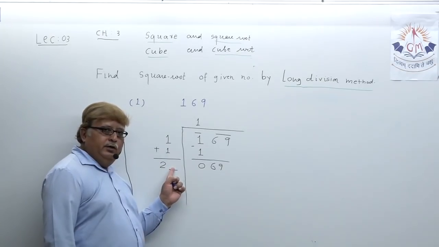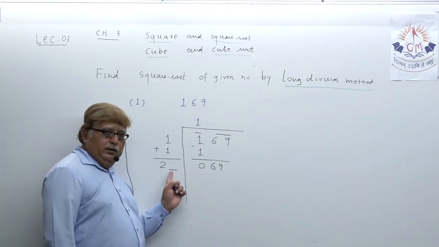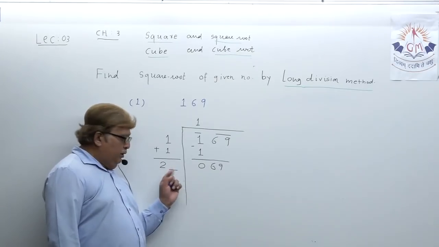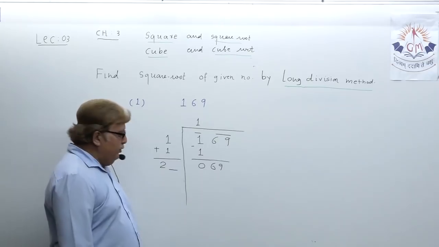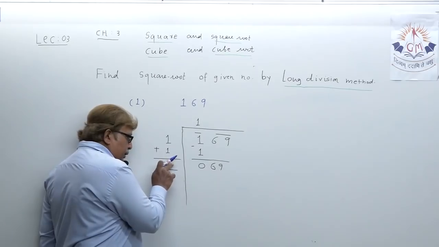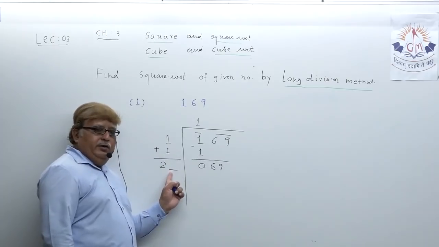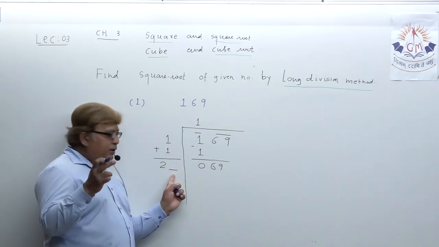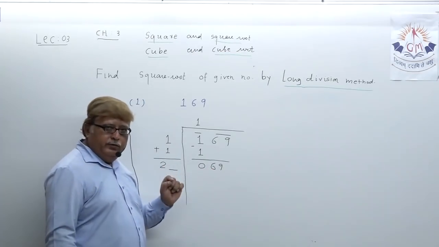Suppose you take 1 here, the number becomes 21. If you take 2 here, the number becomes 22. Take 3 here, 23. Take 4 here, 24. What you have to catch is that you have to think of any number in the units digit, and the resulting number has to be multiplied by the same units digit so that you get this answer.